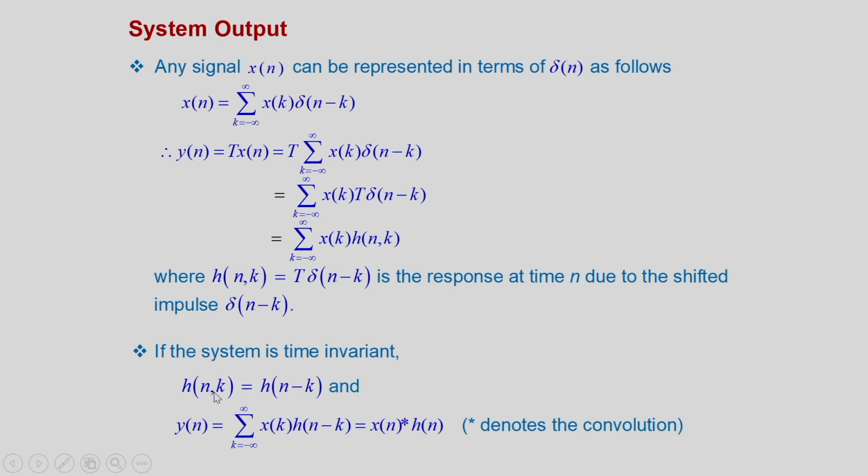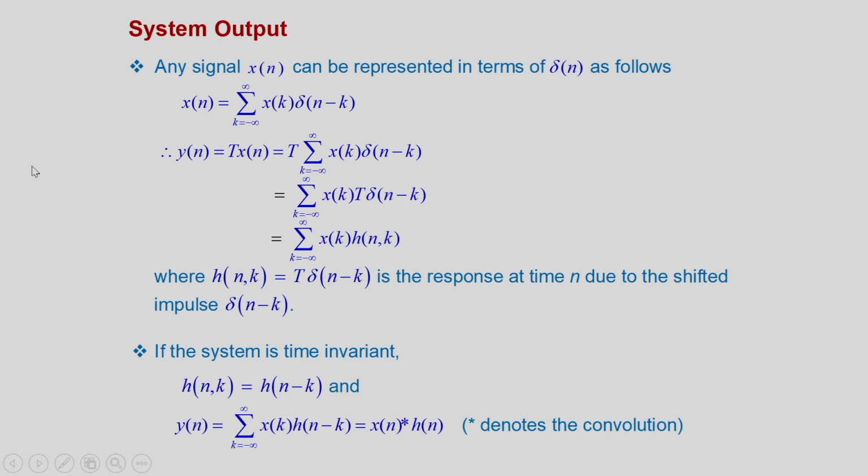So h[n,k] is equal to h[n-k] for a time invariant system. In that case we can write y[n] is equal to the summation of x[k] times h[n-k], k going from minus infinity to infinity, and this is the convolution operation. Therefore, we can write x[n] star h[n], where star is the convolution operation.